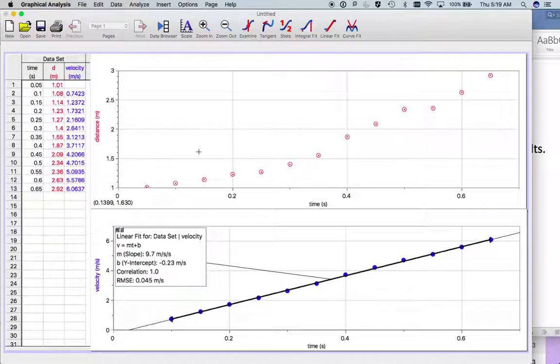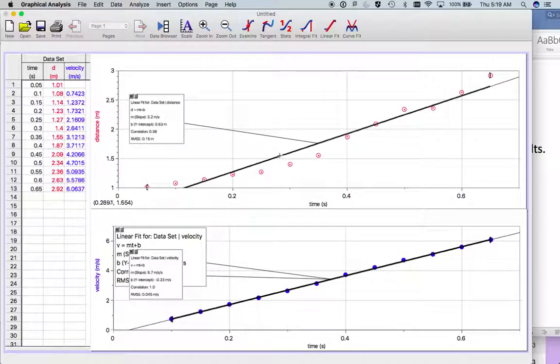Now you can describe how the shape of your graph supports the results. What is the shape of the distance graph? Is it a line or is it a curve? This is actually a curve. If I tried to fit a line to it, we have points above the line, then points go below the line, then points go above the line again. That's not a line.